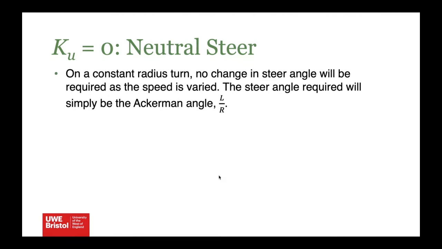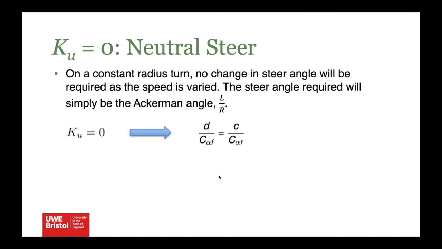The vehicle's at a certain speed going around a constant radius corner. As you increase the speed, the steer angle required will be the same, and that's L upon R. That's for a car that handles with a neutral characteristic. As you increase the speed, the steer angle doesn't need to change, and that's simply L upon R.